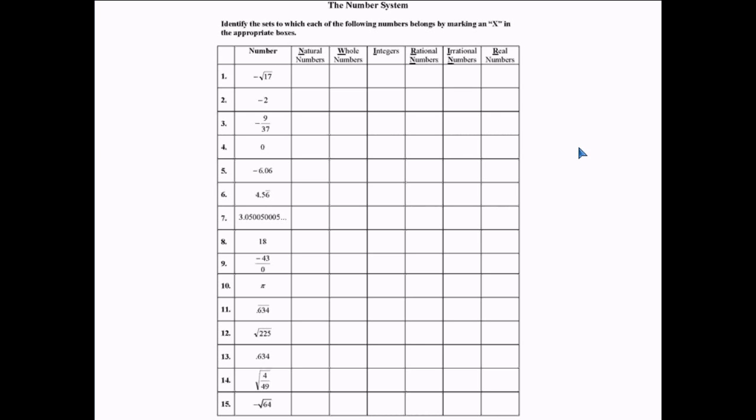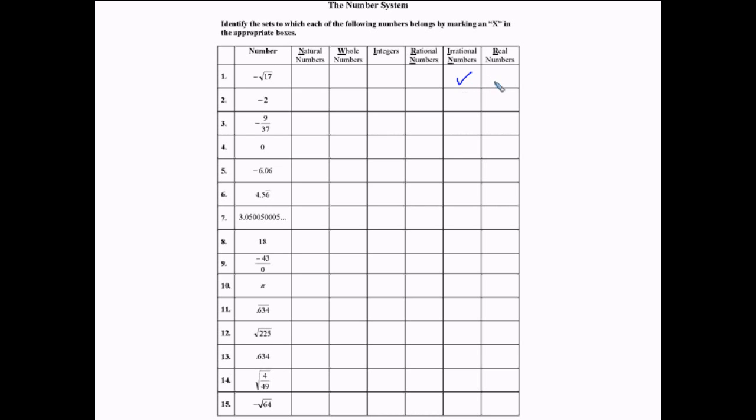Now, if you're a square root, the first thing you want to do is see if it'll simplify as a perfect square. 17 does not simplify as a perfect square, so this is non-integer. It's irrational. If I try to calculate it out, I'm going to get a decimal that goes on forever.